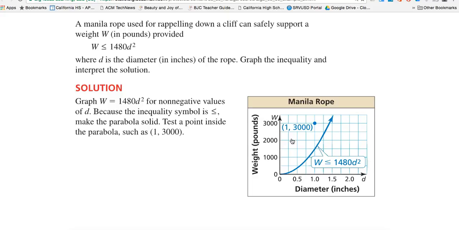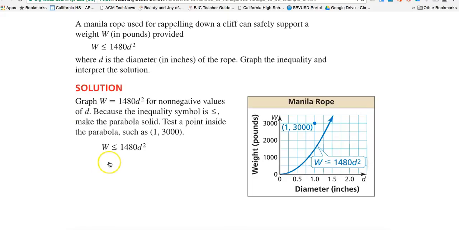We've got two possibilities: we either shade above our line or below our line. If the point gives us a true statement, we know this is our shaded region. If it gives us a false statement, we know the area below is our region.